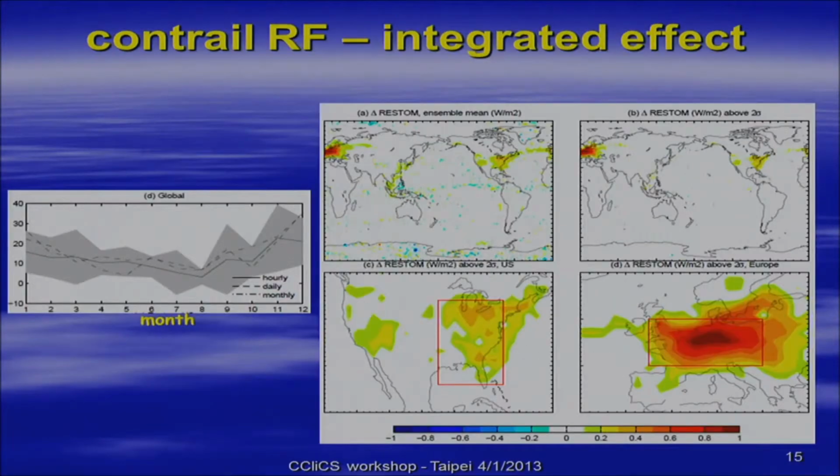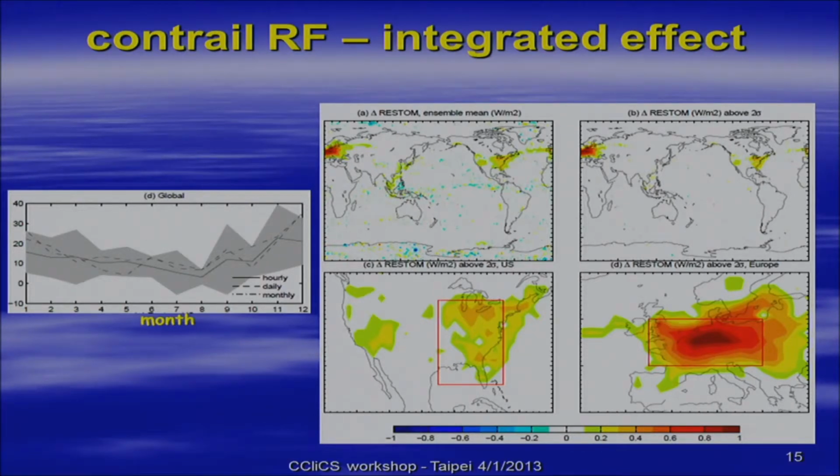I'll jump to the integrated effect, of linear contrail series. The same message, basically, for monthly average. For the regional impact over the Chicago area, it could go up to about 0.3, 0.4 watts per meter square.